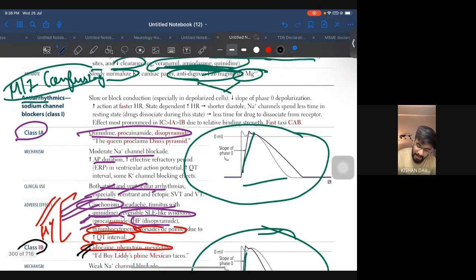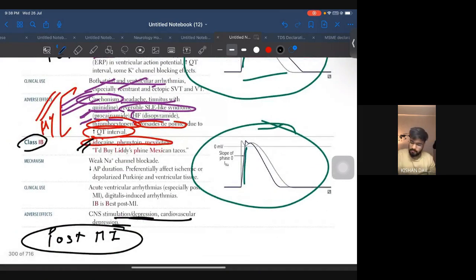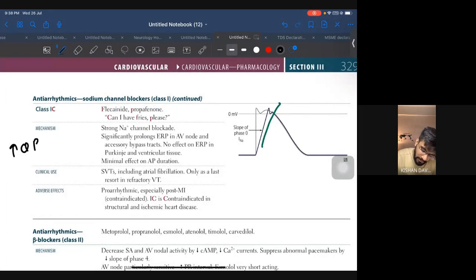In 1A we wrote increasing QRS; in 1B nothing. Coming to 1C, it will increase QRS, and QT will be normal.